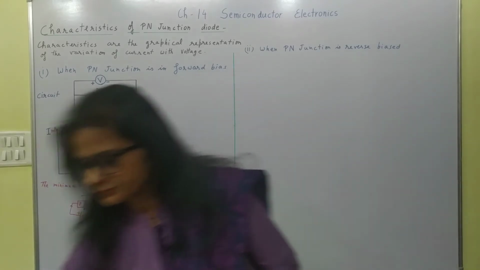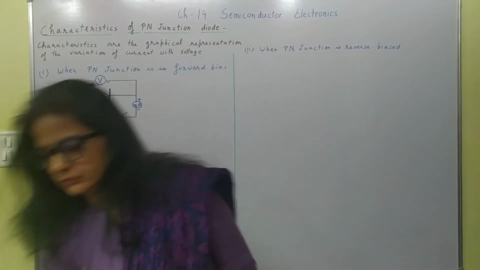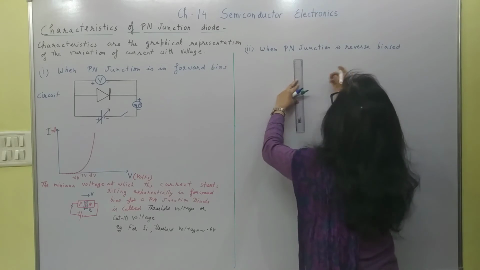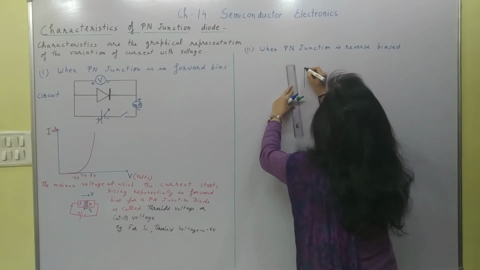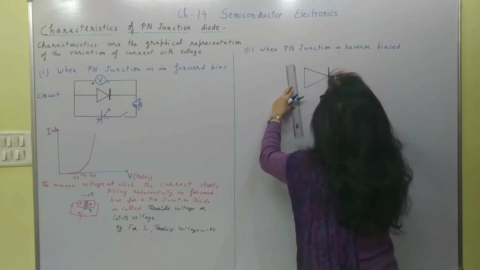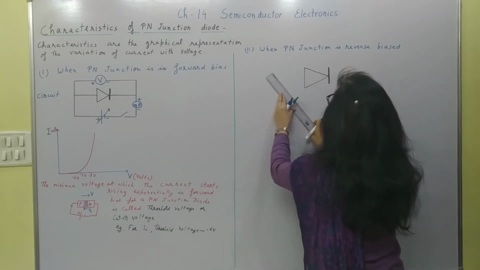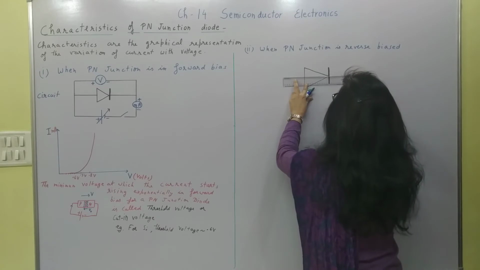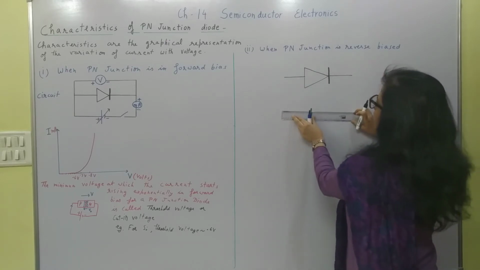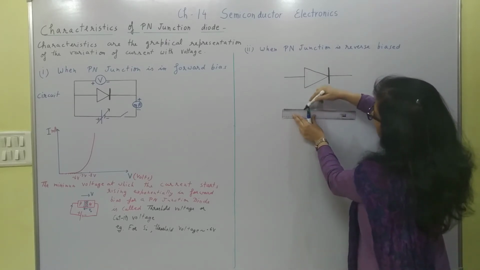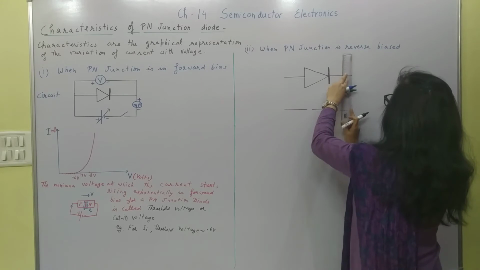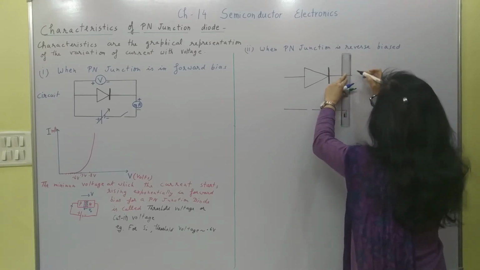What does that mean? Here the battery will be connected, and this is for connecting the voltmeter.